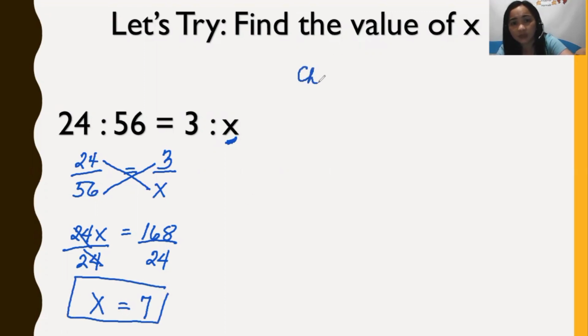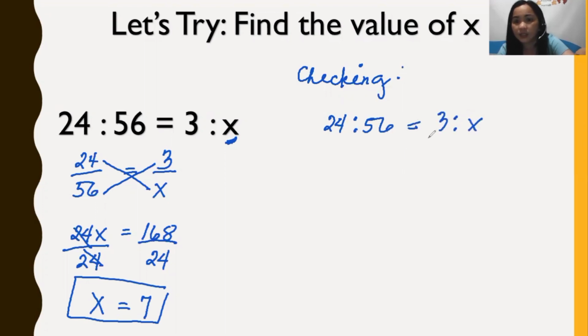Let us check. So we have 24 is to 56 equals 3 is to x. Let's get the product of 56 times 3, that is 168.